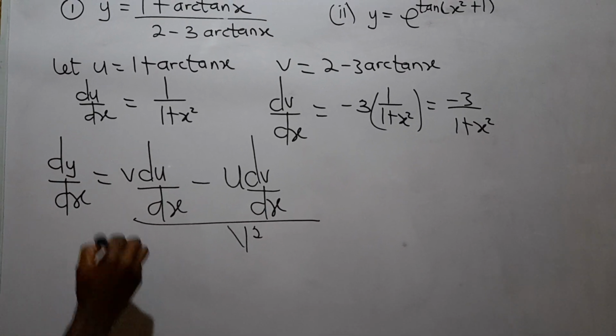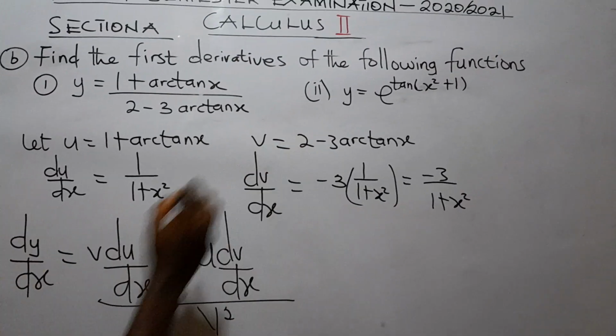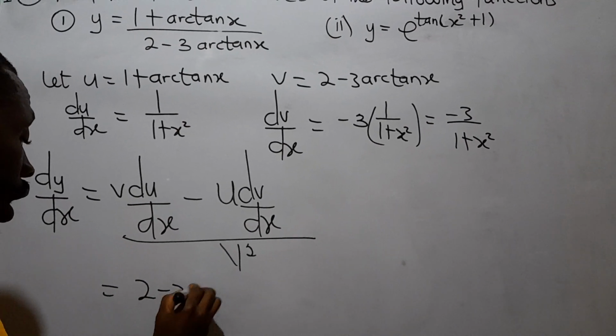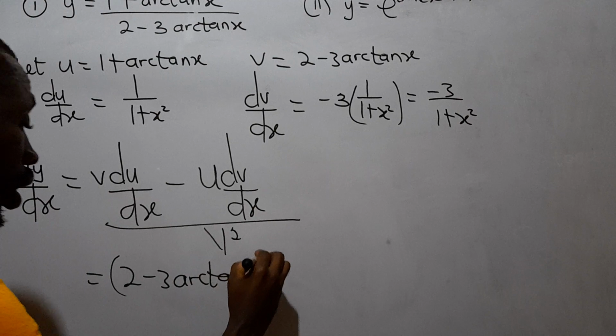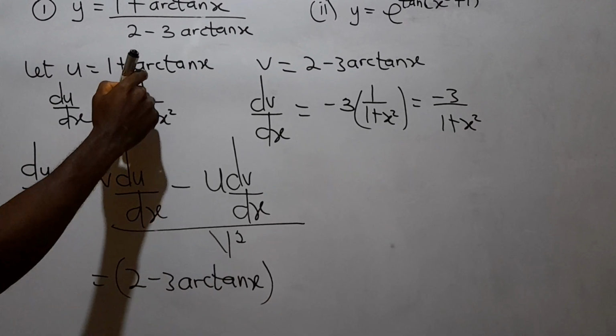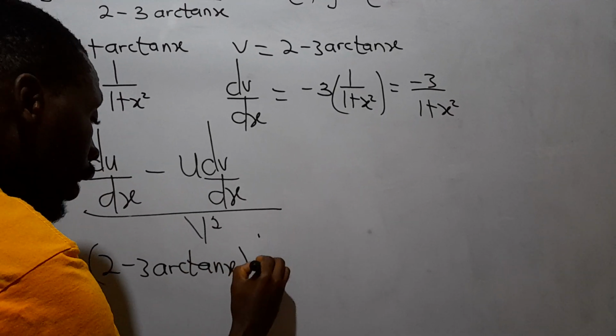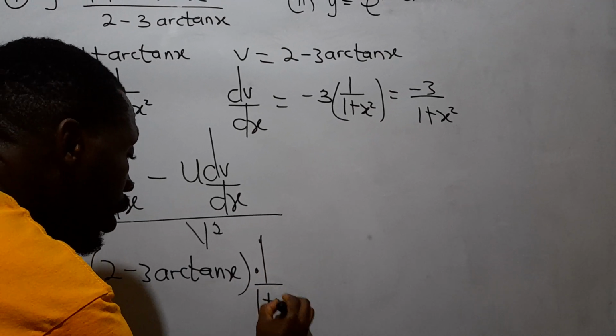So we can say this is equal to, what's our v? The v is 2 minus 3 arc tan x, times du over dx, which is 1 over 1 plus x squared.